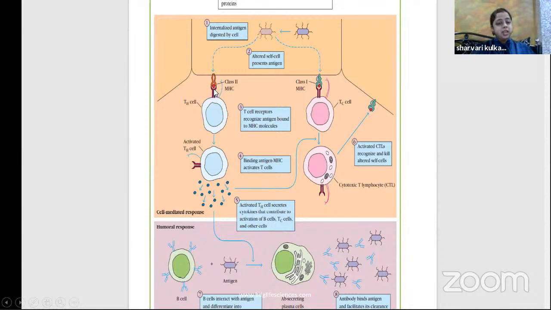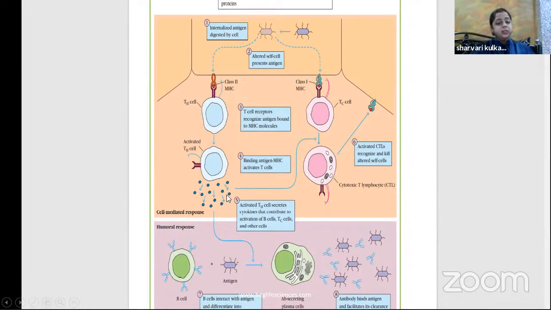T helper cell recognizes the antigen with class 2 MHC. TC cell recognizes antigen with class 1 MHC. Now these T cell receptors recognize this MHC along with antigen and they become activated. This pathway will be called the activated T helper cell pathway.